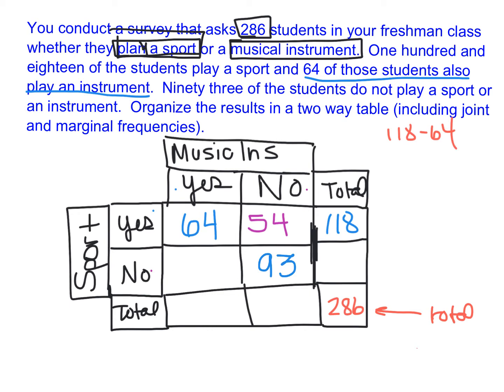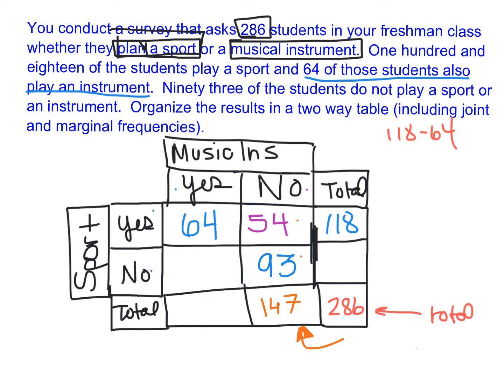So here, what I can figure out is this box, because I know that 54 students and 93 students do not play an instrument, and I've accounted for both of those with sports. So if I add 54 plus 93, I find that 147 students do not play an instrument in any way.